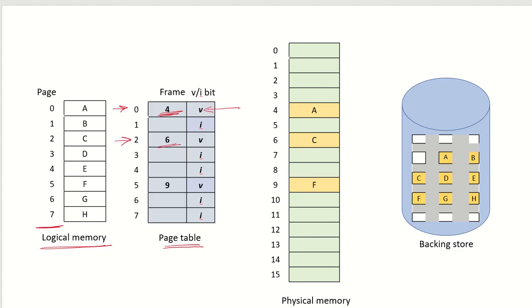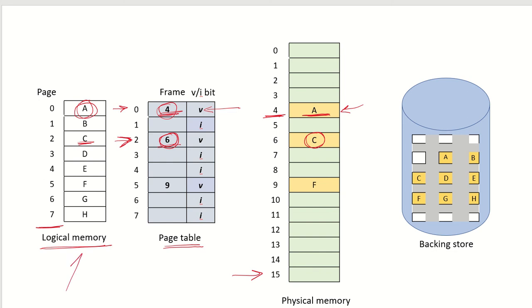So if this is the physical memory, you can see that this is frame 4 and this is page 0, so the contents of page 0 are available here. Similarly, the contents of page 2 are available in frame 6 of the physical memory.